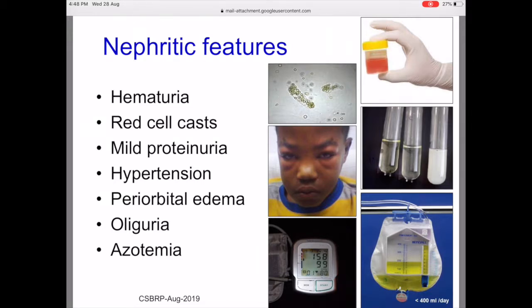Initially these patients will present with periorbital edema to start with, and later they may go in for generalized edema. Their urine output will be very low, which we will call oliguria, and invariably biochemical alterations will occur in the form of elevated creatinine and urea, which we will call azotemia.